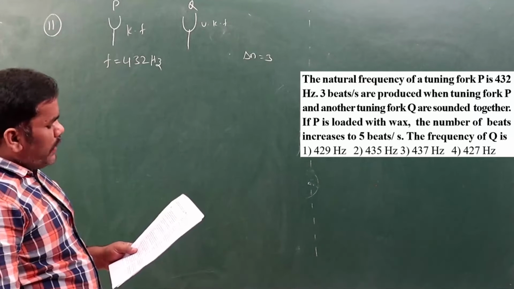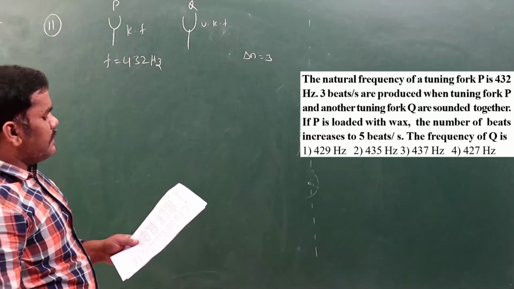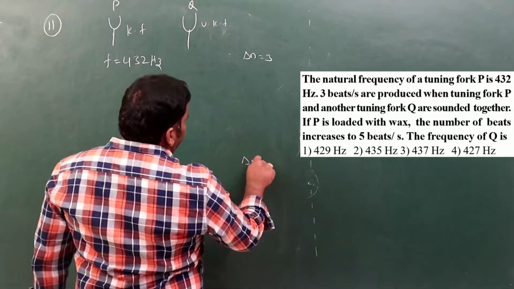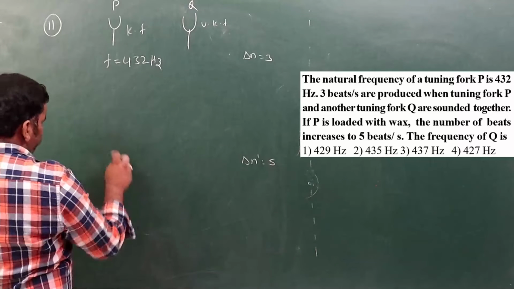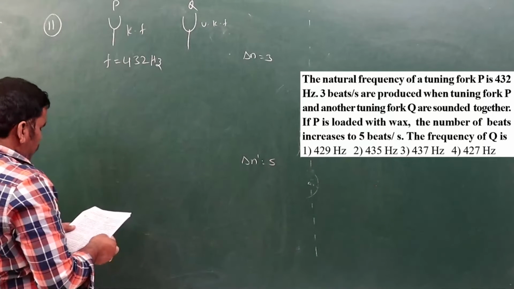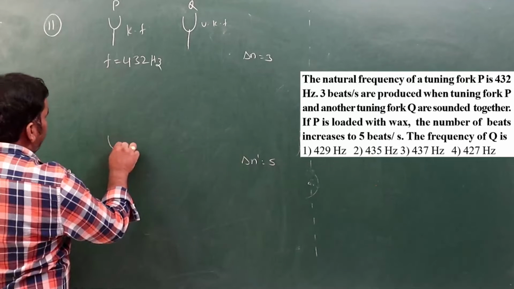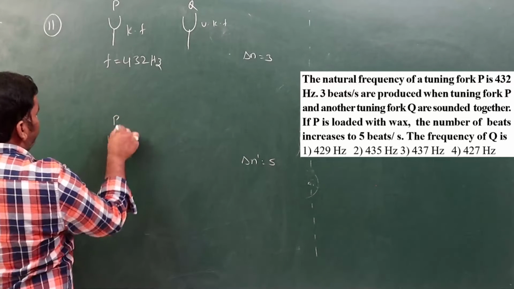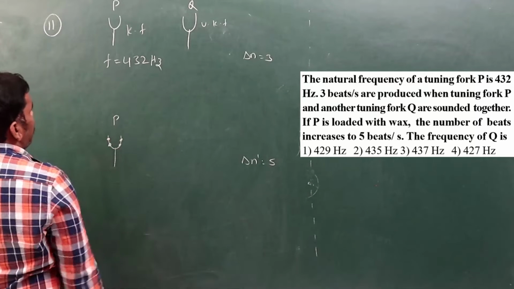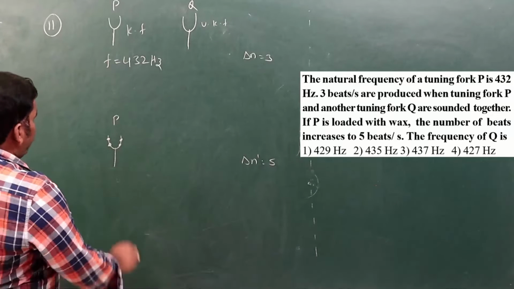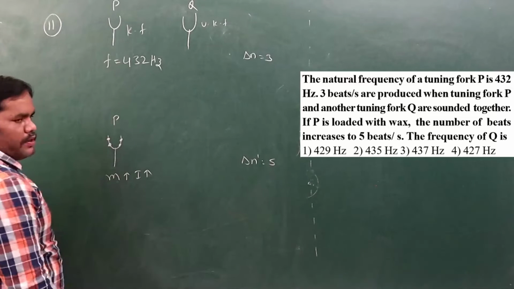If P is loaded with wax, the number of beats increases to 5 beats. So delta n dash is equal to 5 beats. If P is loaded with wax, that means certain mass is added to P. So when mass increases, moment of inertia also increases.